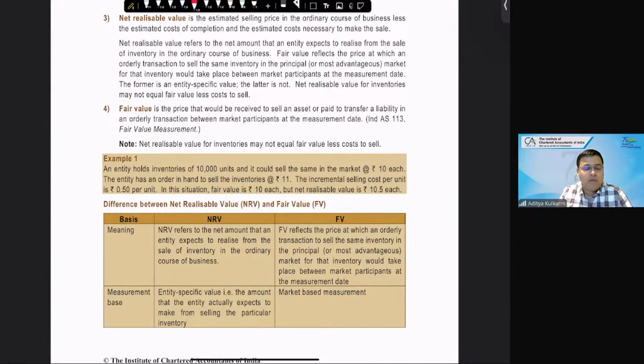Are you able to follow? When you study Ind AS 115, you will understand that when entities give offers like 1+1 free, or you buy something and get a detergent free, all these typically come under composite sale.